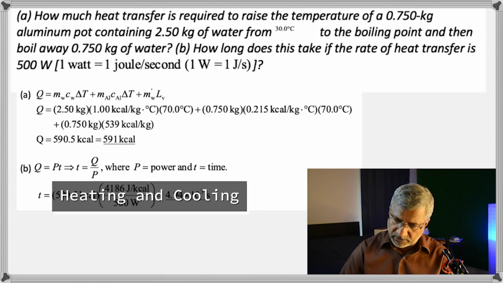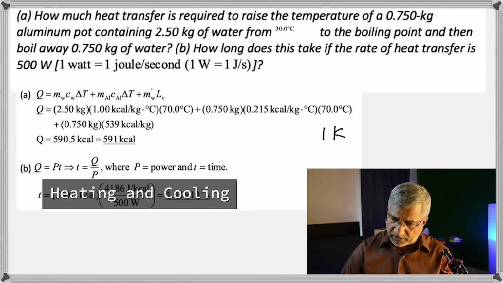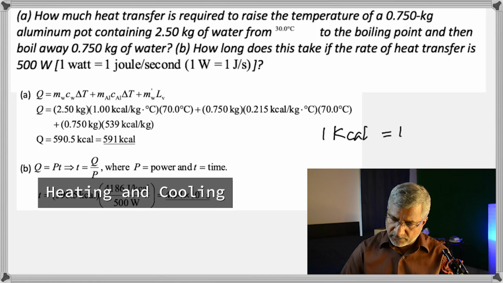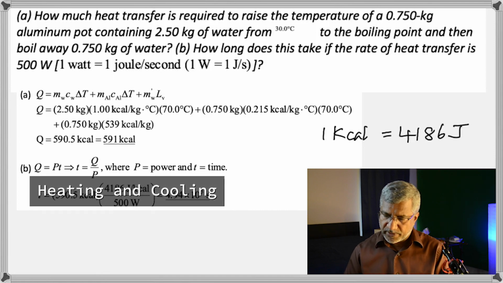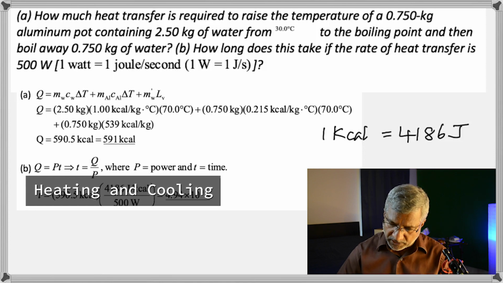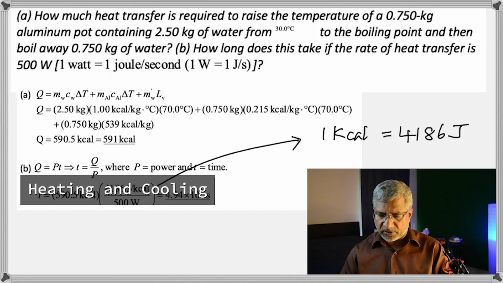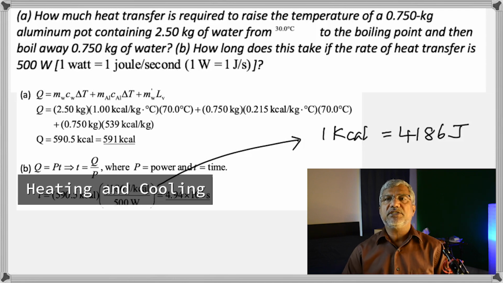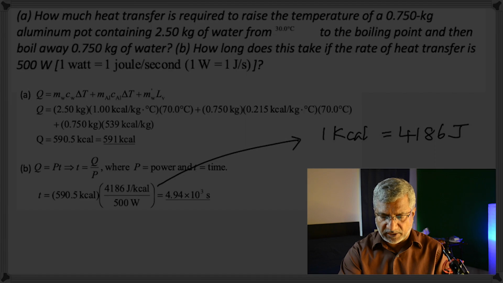So remember that 1 kilocalorie is 4,186 joules. So that's why we multiplied with 4,186 in order to change the kilocalories into joules. So I hope you understand that.